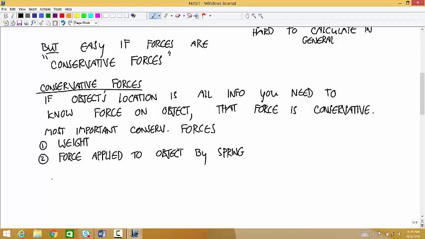So let me give a couple of examples of non-conservative forces so you can see the distinction. So here are two examples of non-conservative forces. The first one is a normal force.